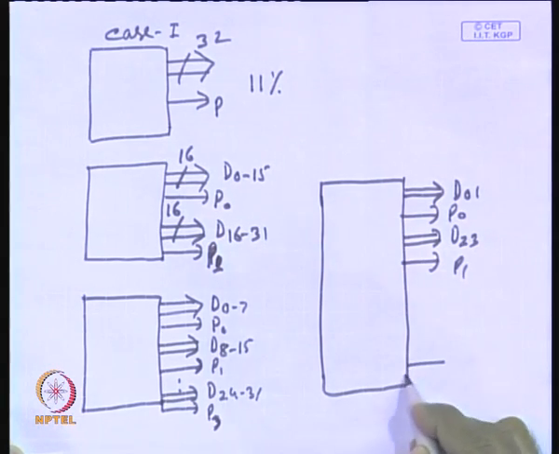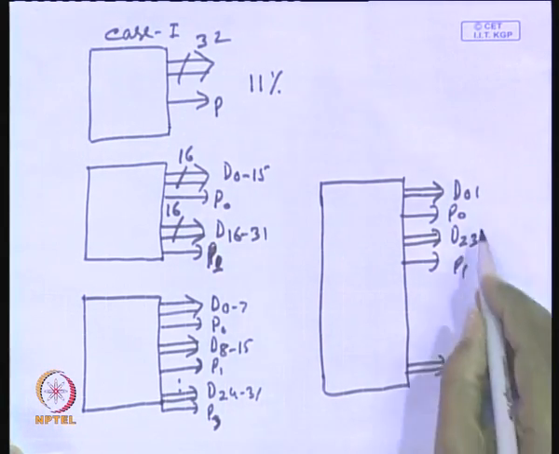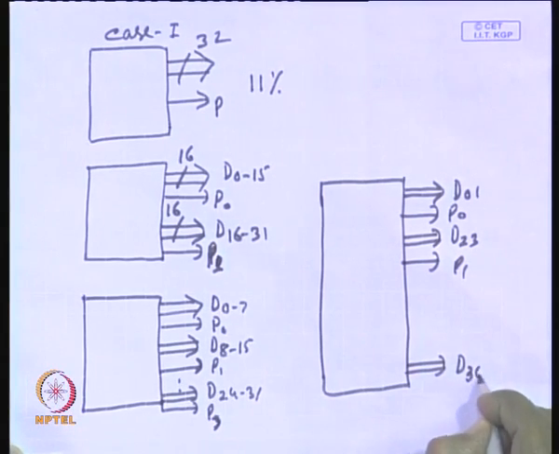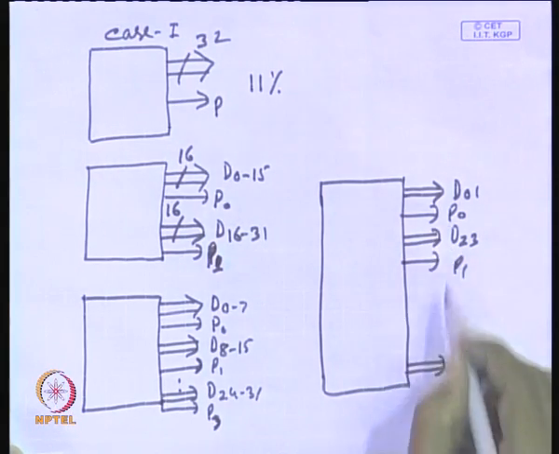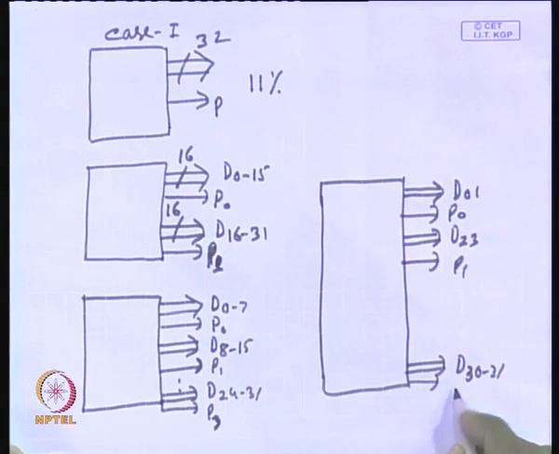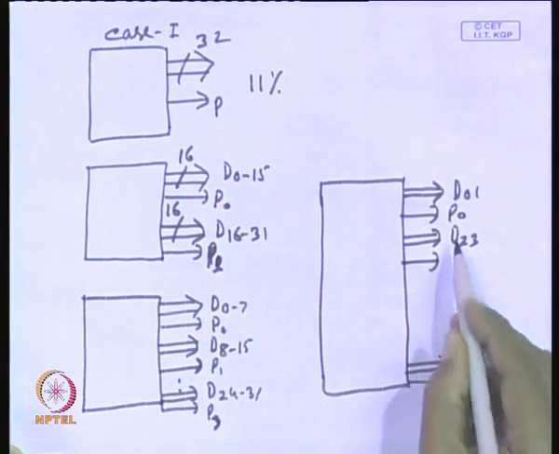In this way you have D30 31, that means you have divided into 16 groups where you have got 15 polarity bits.